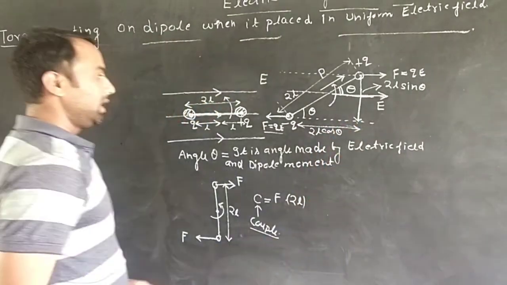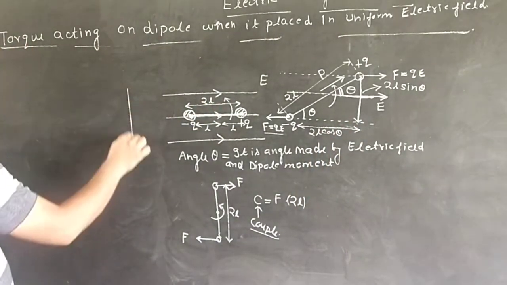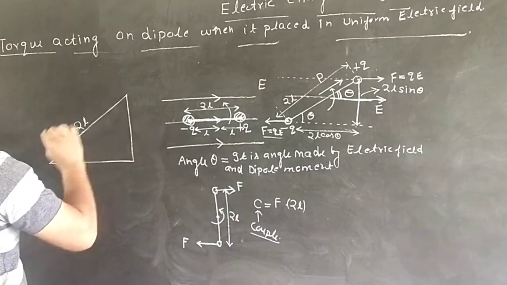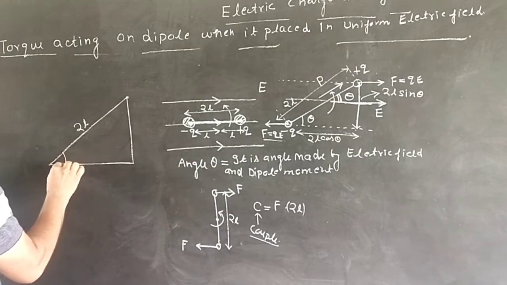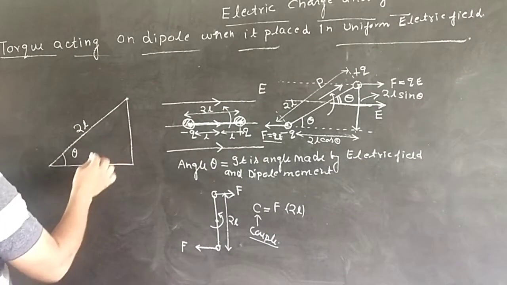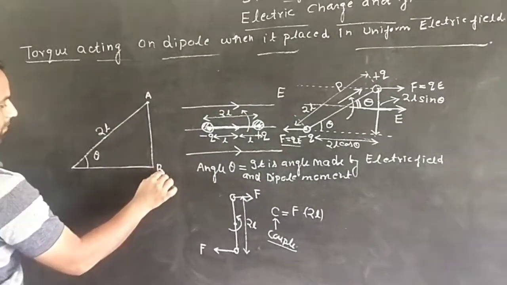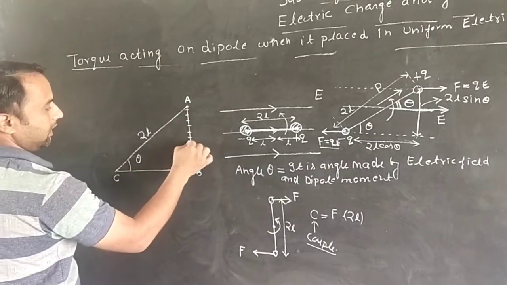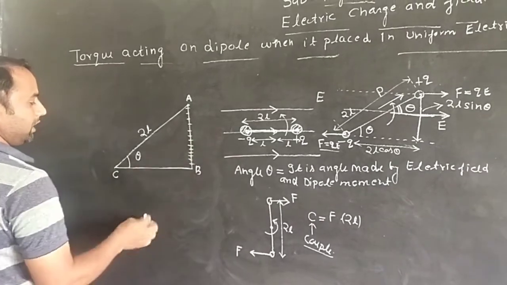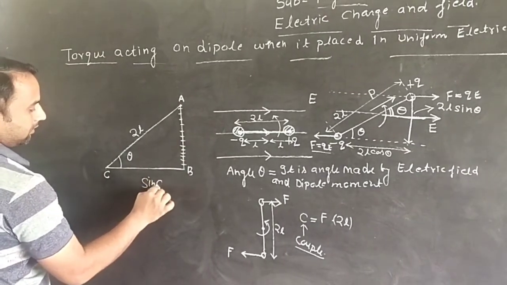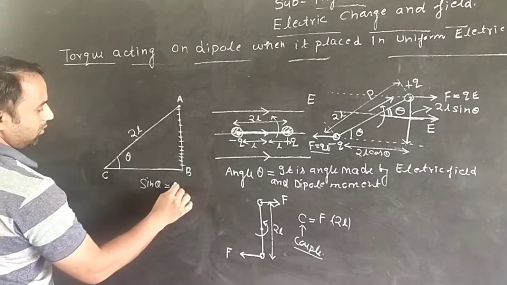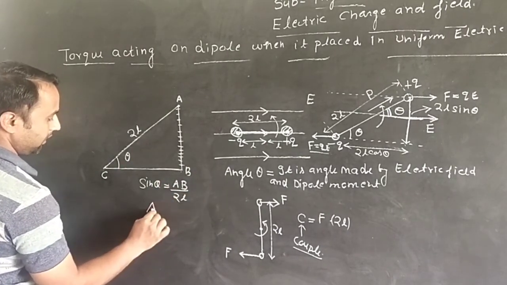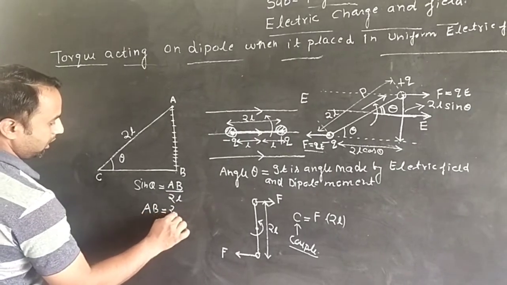We use simple trigonometry here: this distance is 2L and this angle is theta. In this triangle ABC, if we want to know AB, then sine theta is equal to AB divided by 2L. Hence AB is equal to 2L sine theta.